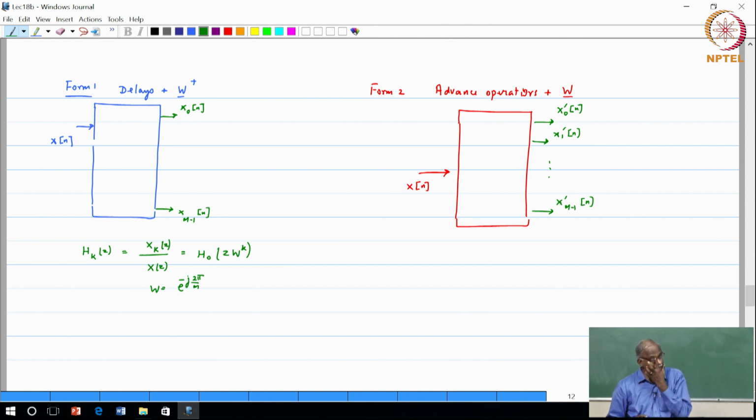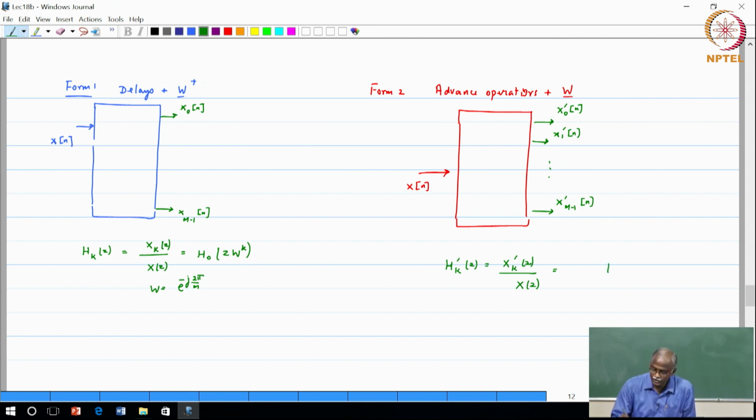Now, as in the previous case, I am interested in the transfer function H k prime of z equal to X k prime of z divided by X of z. Can you tell me what this transfer function is?